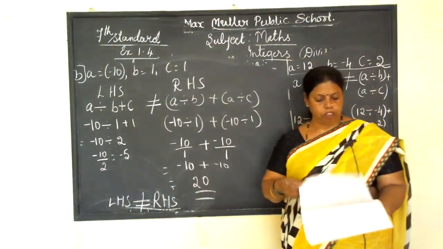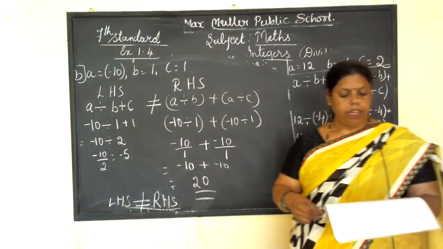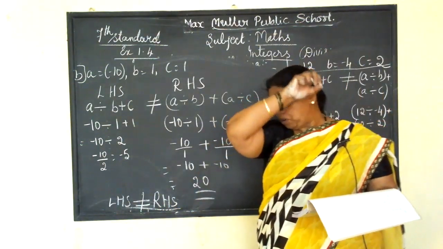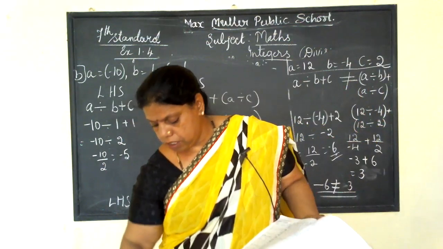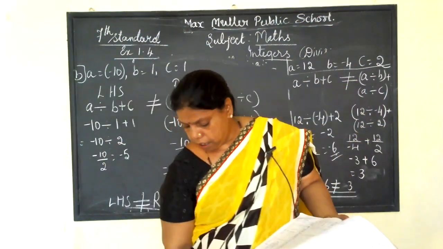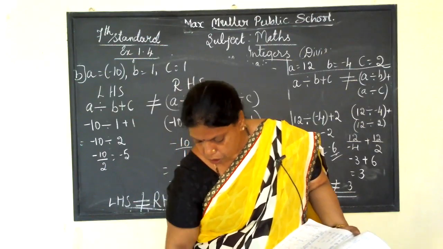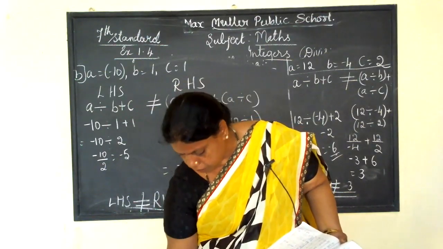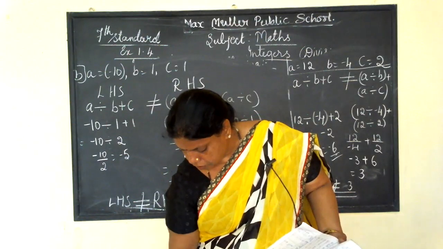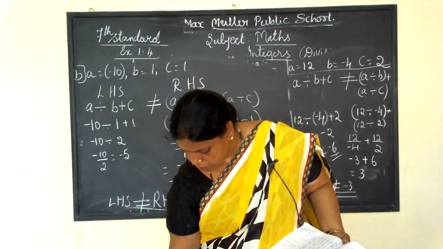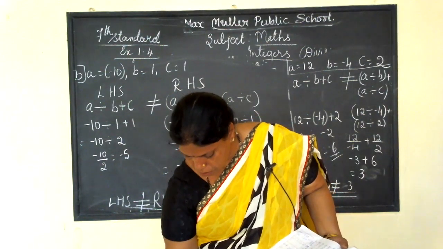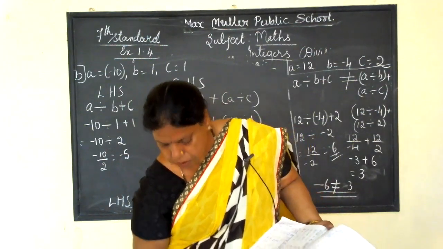So third and fourth, that is fill in the blanks. It is in the textbook, children. I have solved it in the classwork. So you can copy from there only. It's in page number 26.